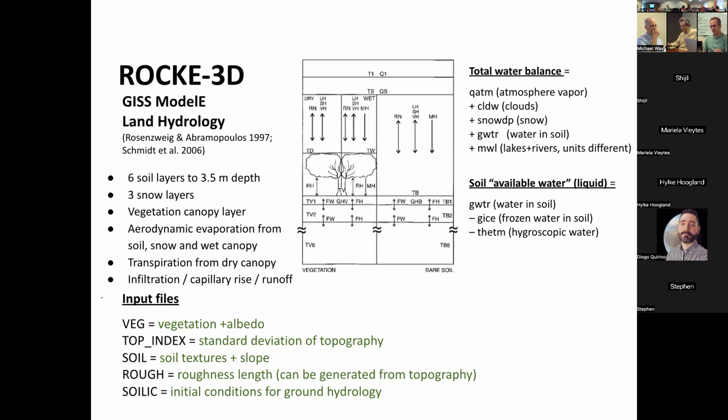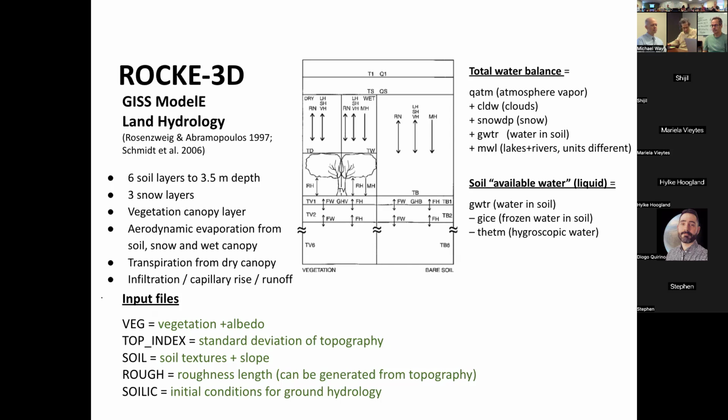We can have up to 16 vegetation types, and also we can have 2 types of bare soil, basically bright soil and dark soil, and that defines the albedo of your soils. It's a mixture of bright and dark soil. Top index, well, it's a funny name, but actually you just have to specify a standard deviation of topography in this file. Soil just describes soil texture.